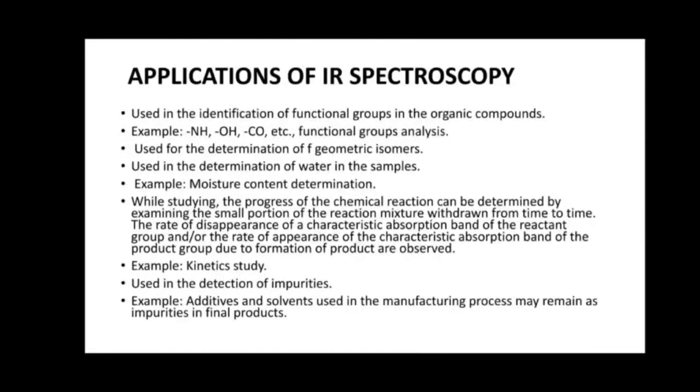The progress of a chemical reaction can be studied by examining a small portion of the reaction mixture withdrawn from time to time. The rate of disappearance of a characteristic absorption band of the reactant group, and or the rate of appearance of the characteristic absorption band of the product group due to formation of a product, is observed. Example, kinetic studies. It is also used in the detection of impurities.